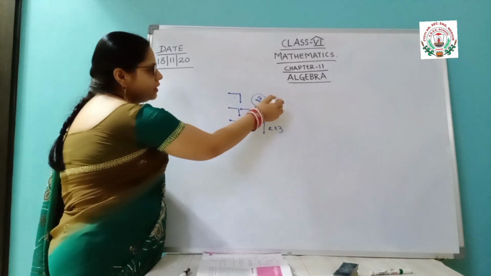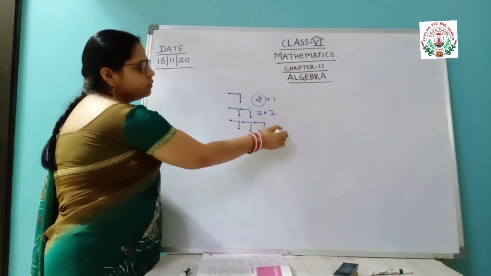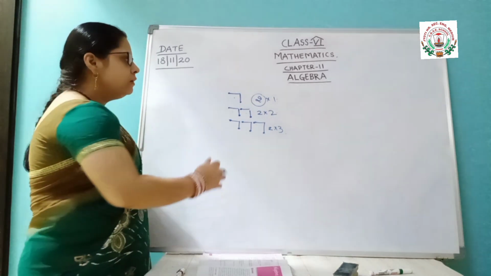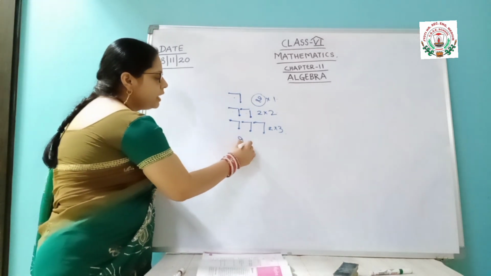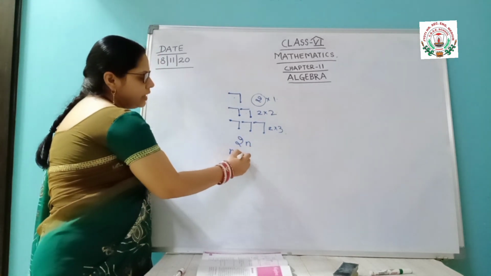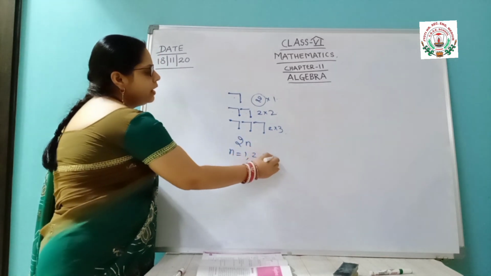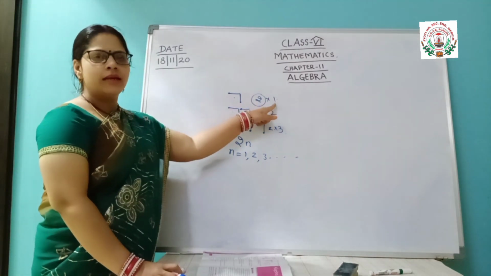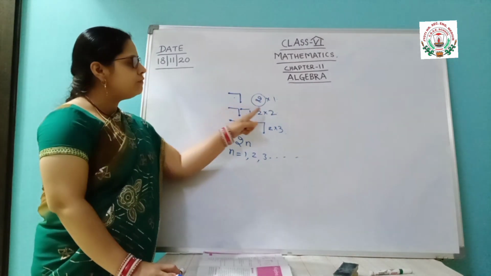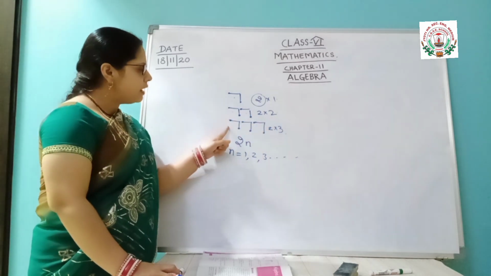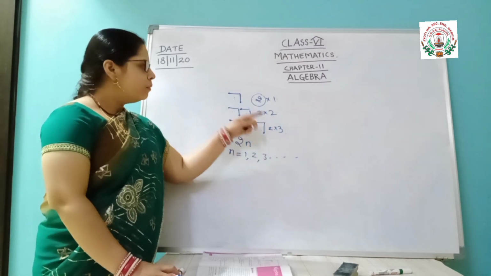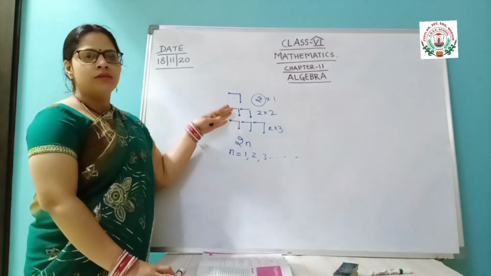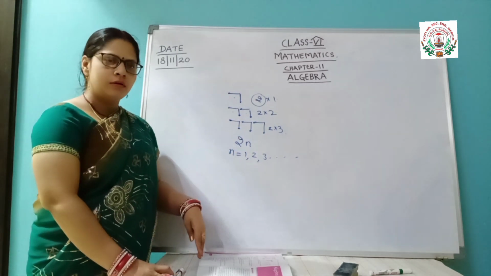Instead of writing 1, 2 and 3, if I want to give the general formula, you can write it as 2n, where the value of n is 1, 2, 3 and so on. Here the value of n is 1, here n is 2, and here n is 3.